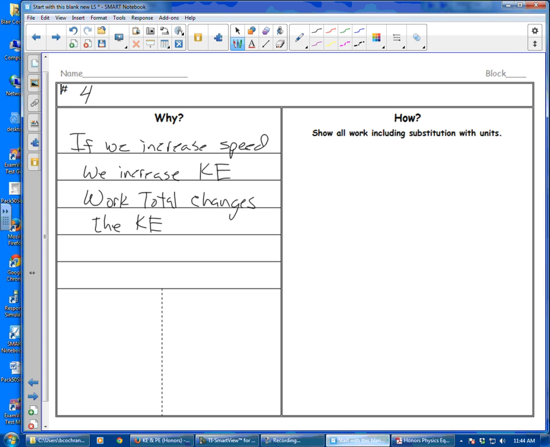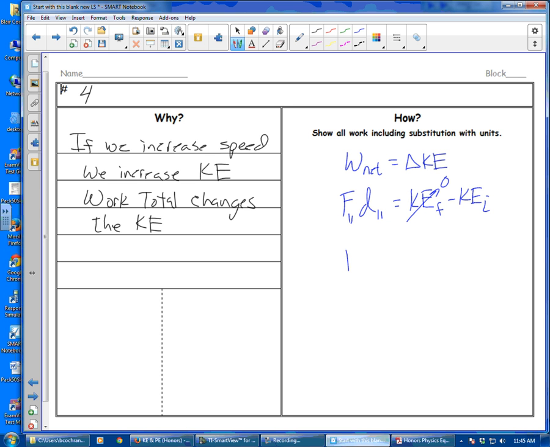For the first situation, we know the net work will equal the change in kinetic energy. This will be the force through the distance, and this will be KE final minus KE initial. It's going to stop, so that'll be 0.